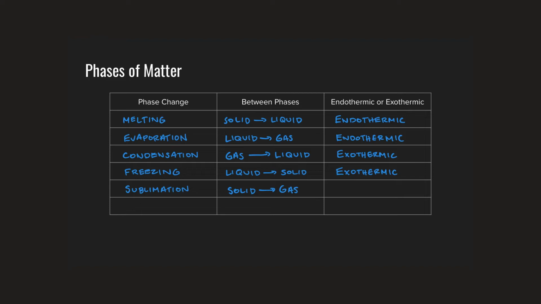It doesn't leave a puddle of liquid phase carbon dioxide as it heats up. Instead, it sublimes directly into the gas phase. So going from the lower energy state in the solid phase up to the higher energy gas phase means it has to absorb energy from the surroundings, and therefore sublimation is an endothermic process.